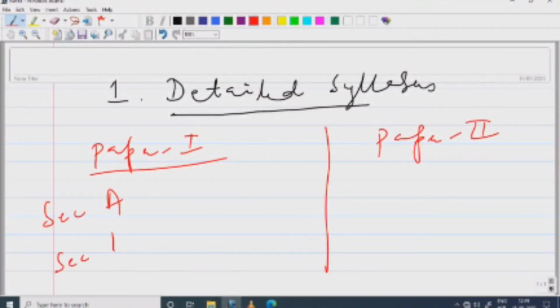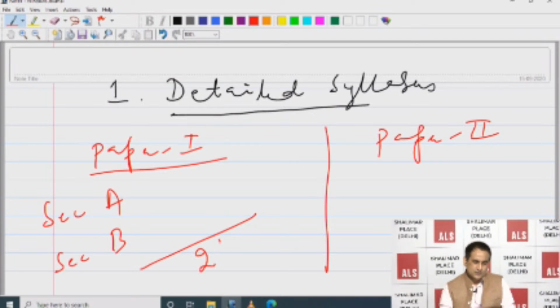You have paper 1 and paper 2. In paper 1 you have section A and section B, and a total of 24 topics, chapters.